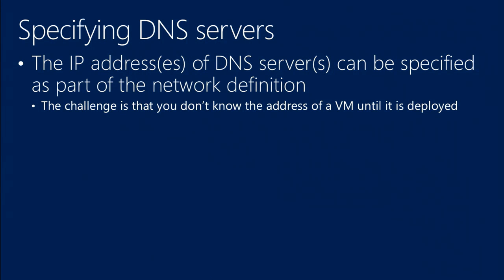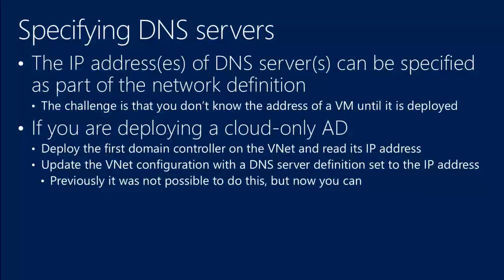But the problem is we don't know the address of the DNS server until it's been deployed. So if you're deploying cloud only, deploy the first domain controller on the VNet, read its IP address, and then update the VNet configuration with the DNS server definition to set the IP address appropriately. Previously, you couldn't do that, but luckily they fixed it.